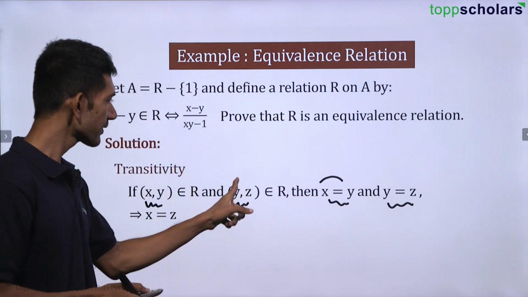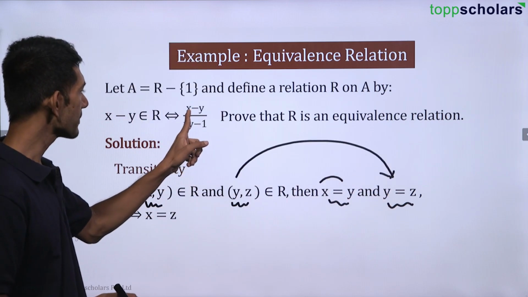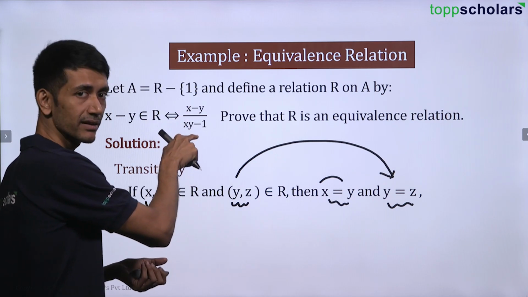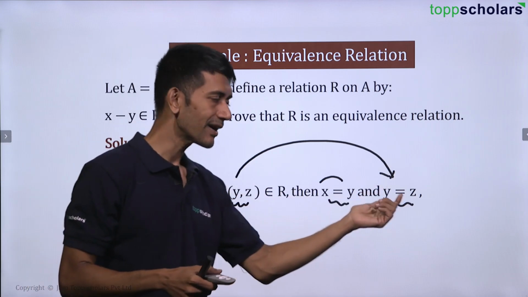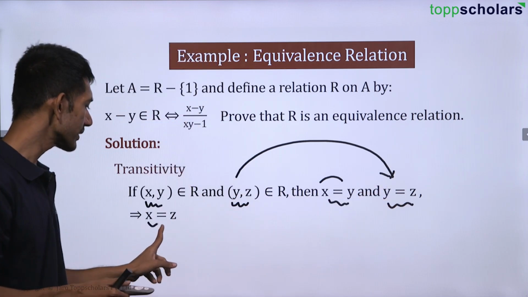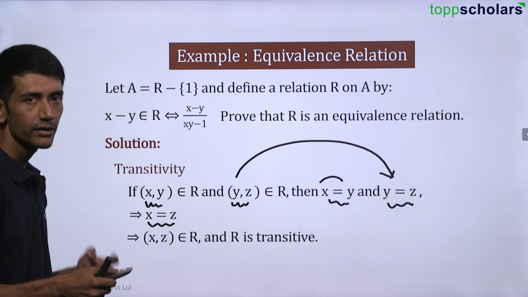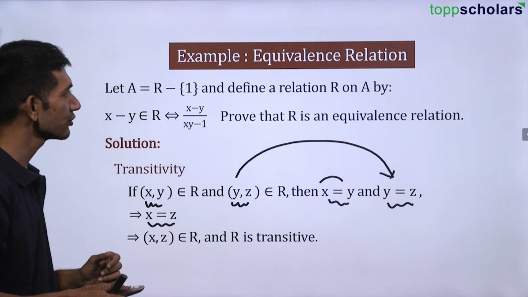Similarly, for this, can I say y and z will be equal? If you just replace x and y with y and z, and then equate it with 0, you get y is equal to z. So yes, x is equal to y is equal to z. Can I come to a conclusion that x is equal to z? Yes. So we can say that this is transitive. So it is reflexive, symmetric, transitive. Therefore, it is an equivalence relation.